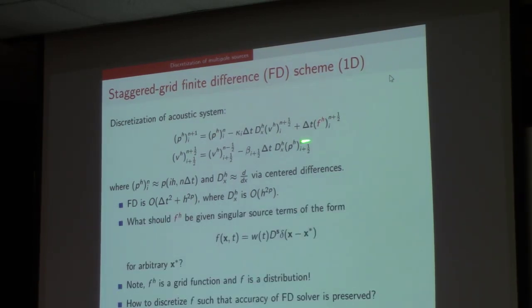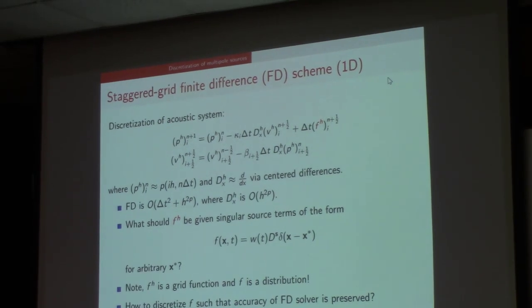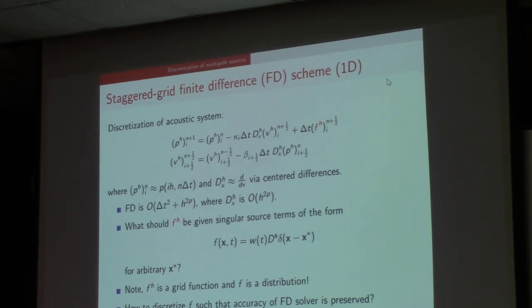But what's highlighted in red is really crucial. What should f_h be? What should you plug into your finite difference discretization if your f to begin with was a delta function or a derivative of a delta function, something that's not defined pointwise? What in the heck are you going to do? Are you going to plug in for f?